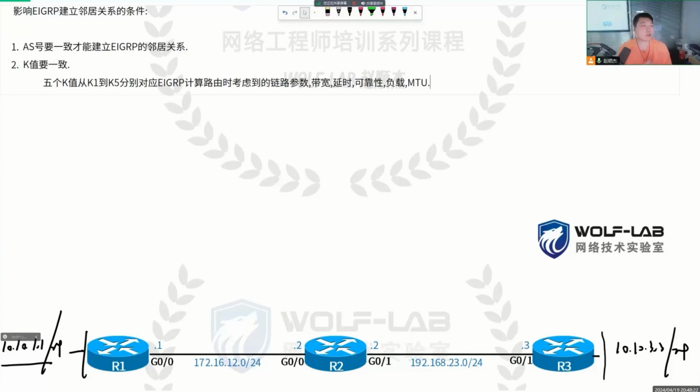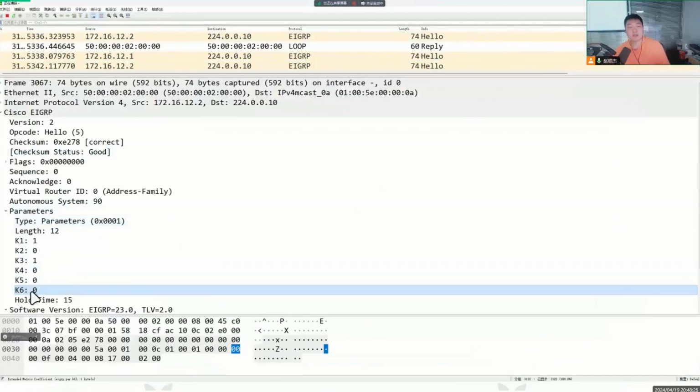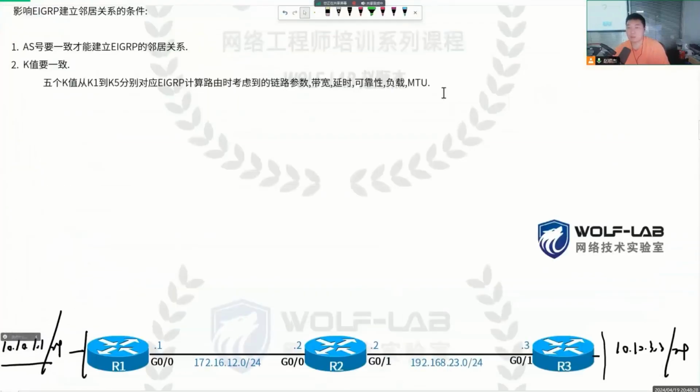When we go to the destination network and need to know how much we have to pay, we calculate this metric value based on these link parameters to the destination network.